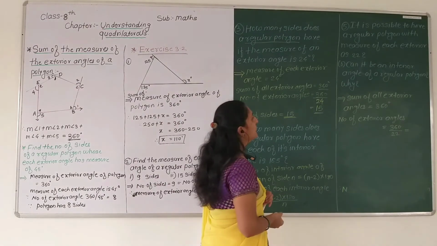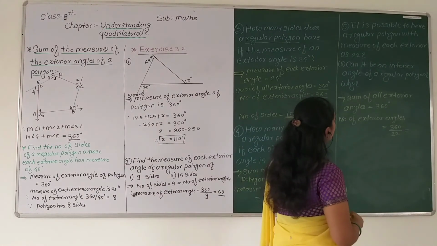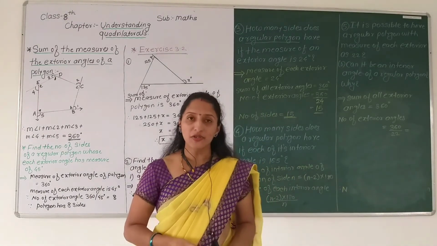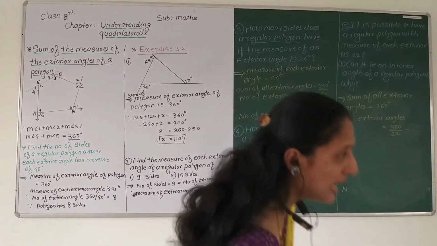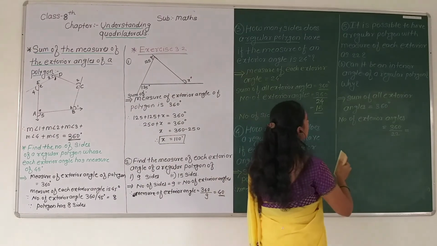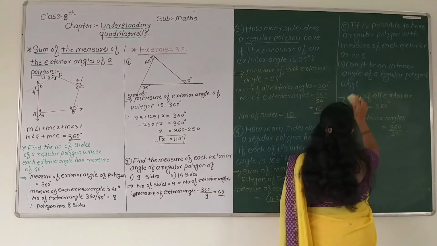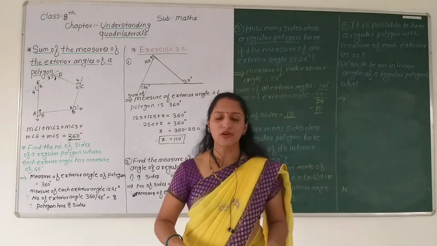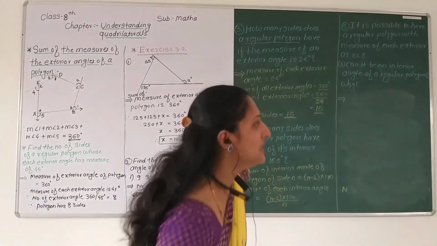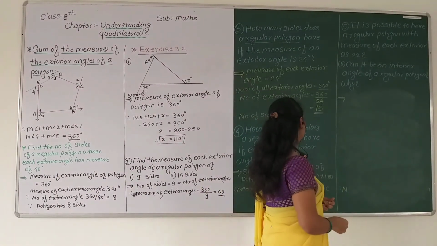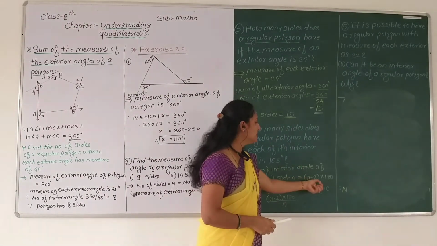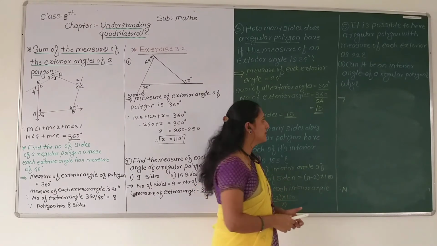The second question is, can 22 degrees be an interior angle of a regular polygon? How can we solve this? If the interior angle is 22 degrees, now what is the sum of all interior angles? (n minus 2) into 180, right?